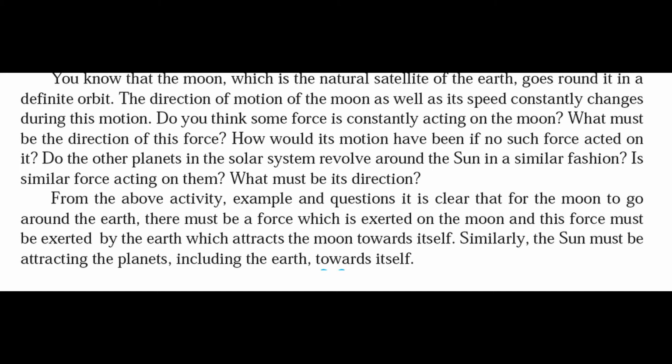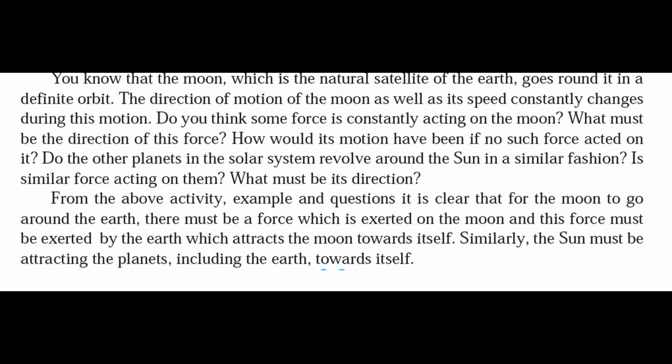Do you think some force is constantly acting on the moon? What must be the direction of this force? How would its motion have been if no such force acted on it? Do the other planets in the solar system revolve around the Sun in a similar fashion? Is a similar force acting on them? What must be its direction?